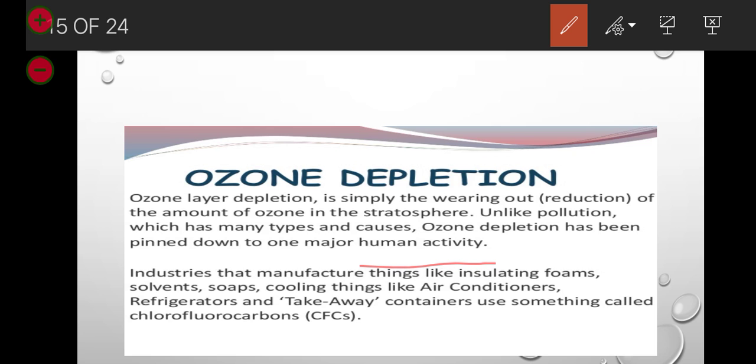Because of human activity, the depletion of the ozone layer is taking place, because those gases are released more, and then ozone reacts with these radicals or molecules. Then we will be finding less ozone there. We say there is a hole.